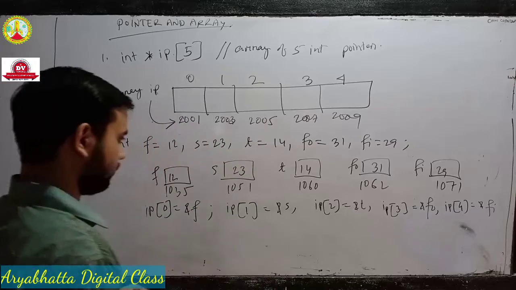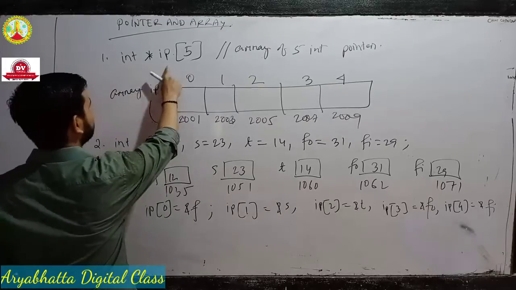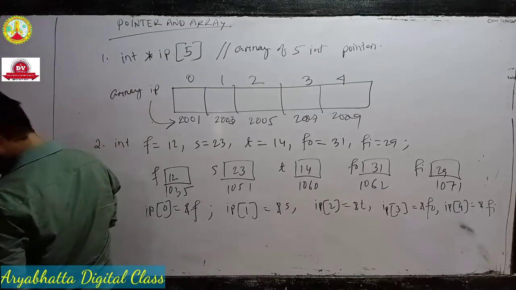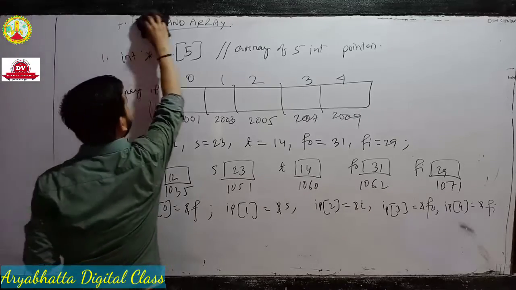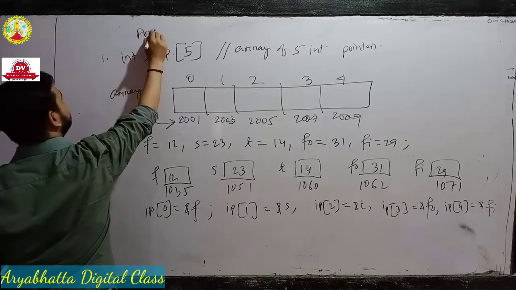Okay. For this as well, I clear you this concept. This is an array, or you can say this concept is an array of pointers. You can also say this is an array of pointers. Same concept.